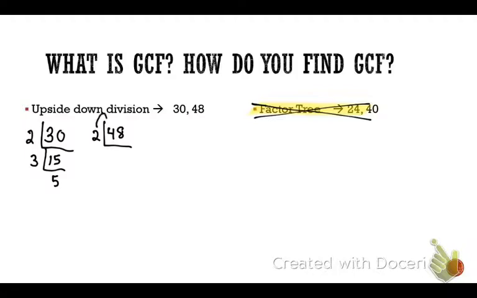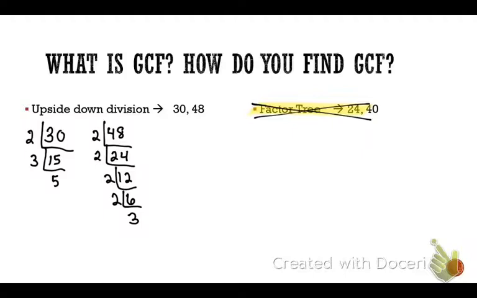So divide each digit by 2. 4 divided by 2 is 2. 8 divided by 2 is 4. 2 goes into 24 how many times? 12. 2 goes into 12 how many times? 6. And 2 goes into 6 how many times? 3.